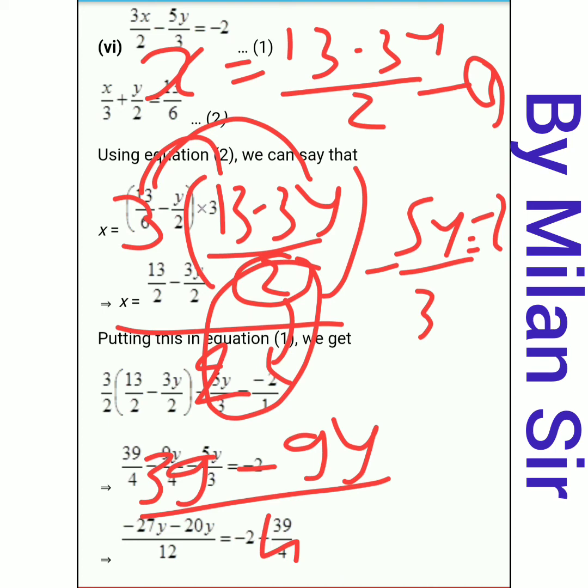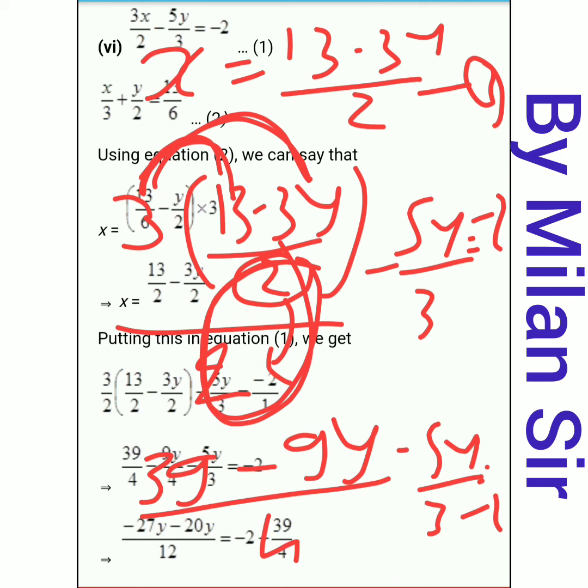So in denominator, we need to multiply 2 with 2. So 2 into 2 is 4. So first of all multiply this 3 to the bracket, means 3 into 13. It's 39. Then 3 into 3y, it's minus 9y, divided by 4. Rest of the things as it is. 5y by minus 5y by 3 is equals to minus 2 as it is.